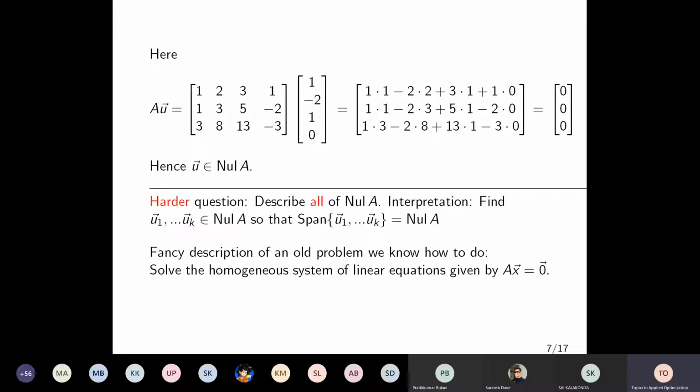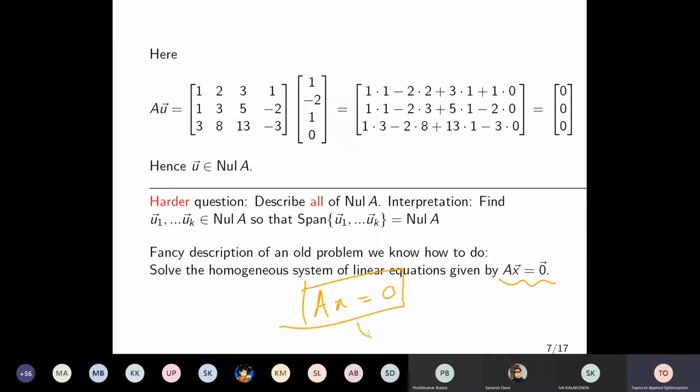So we know the fancy description of the whole problem, but this is really like solving the linear system. What you are really asking for is all possible solutions of the linear system Ax equals 0. It's about characterizing all possible solutions to this.